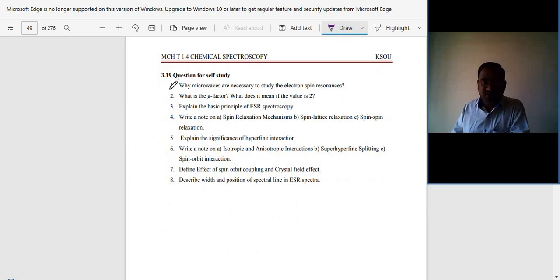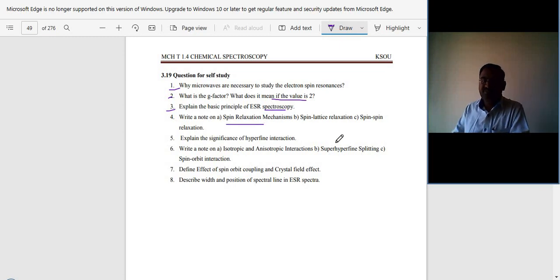These are all important questions. Why are microwaves necessary to study EPR? G factor: what does it mean if the value is 2? Explain the basic principle of ESR spectroscopy.